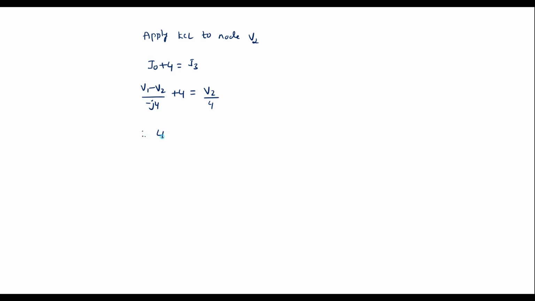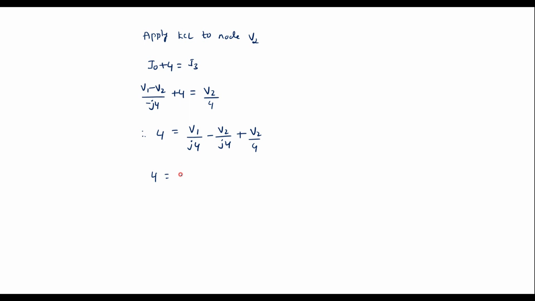So therefore we can write 4 is equal to V1. I'll take this V1 by minus j4 on the other side. It will become V1 by j4. This will become plus, and I'll send this V2 to the other side. It will be minus. This minus and minus will get cancelled. On taking on the right hand side, it will become V2 by j4, and here we have V2 by 4.